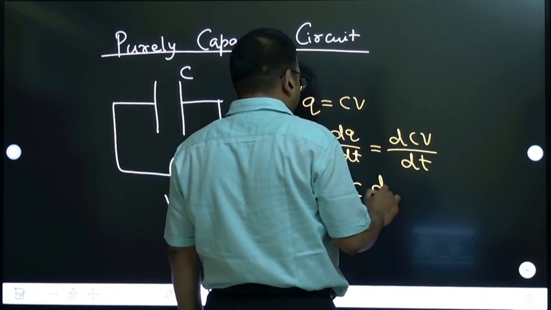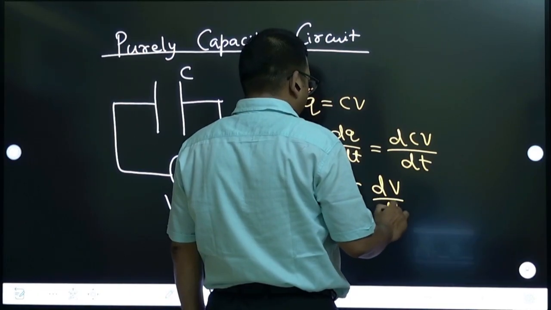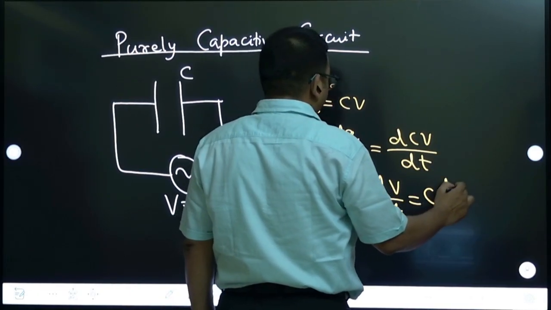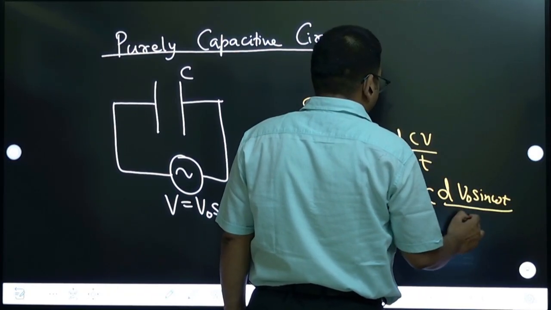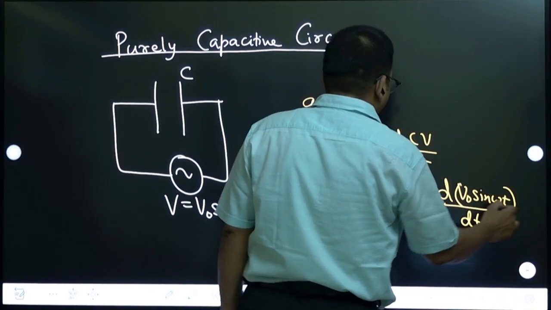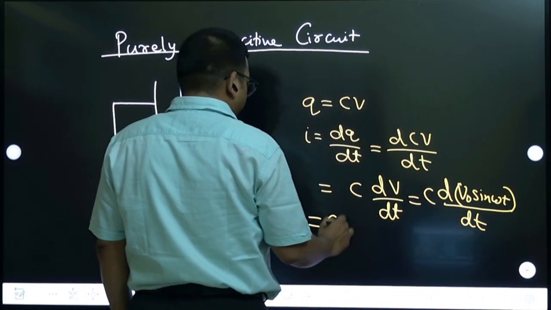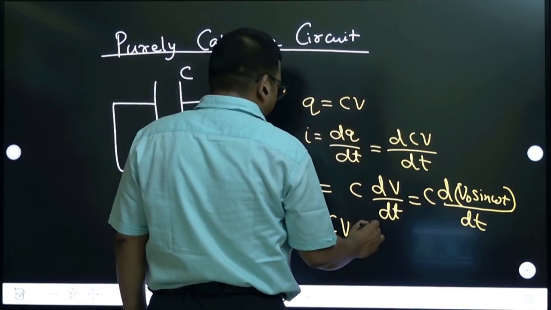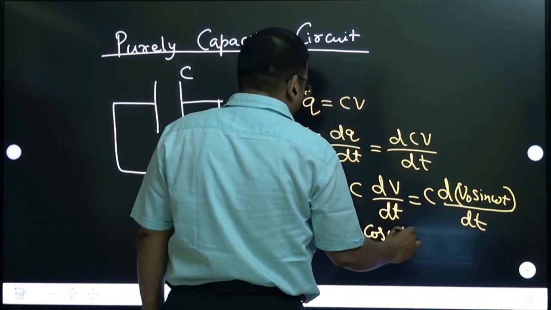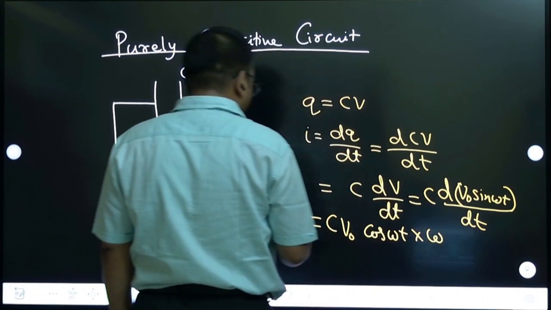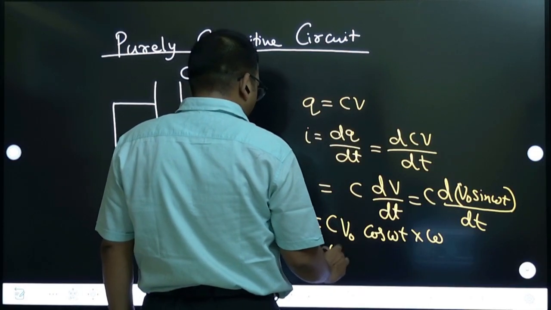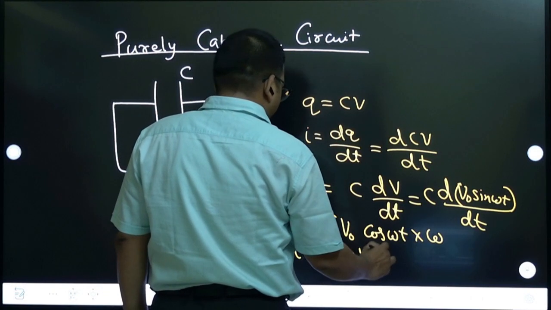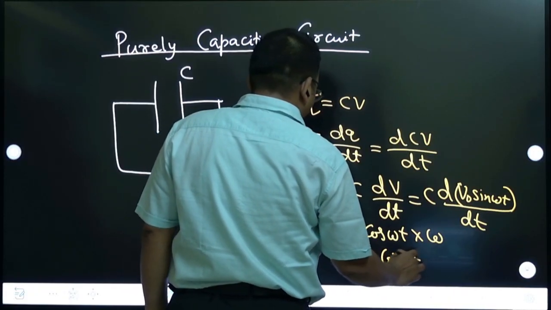C comes out, and V is V naught sine omega t. Differentiating with respect to time, V naught comes out, sine becomes cos, and omega also comes out. So I is equal to omega C V naught cos omega t.